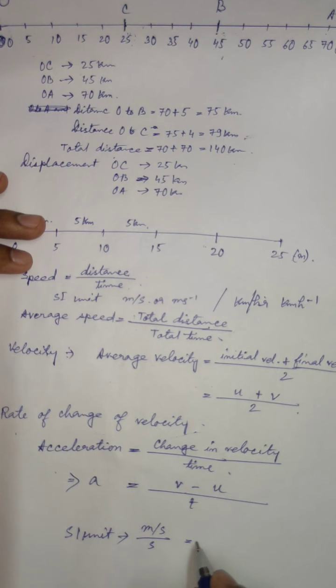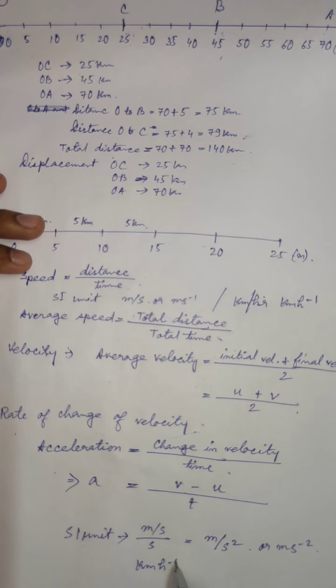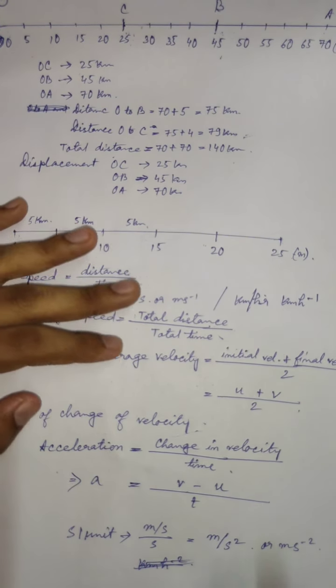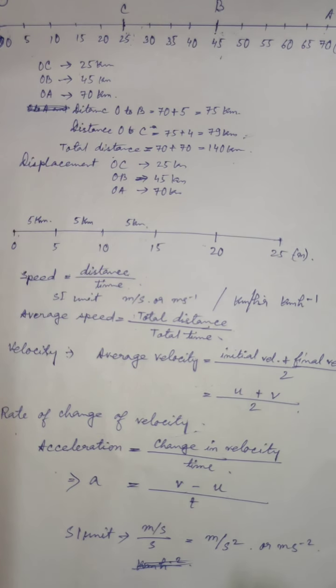If we simplify, it is meter per second square, m by s and again s, so s into s will be s square, or we can write m s to the power minus 2. In the kilometer unit we can write kilometer hour to the power minus 2. However, this unit is not used usually. Actually, the unit used is meter per second square.